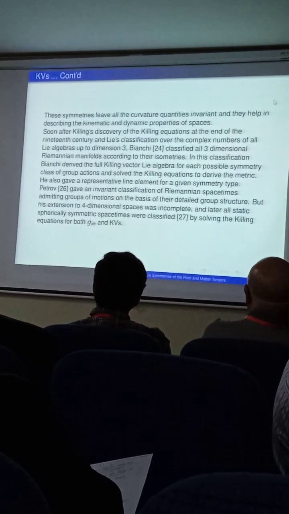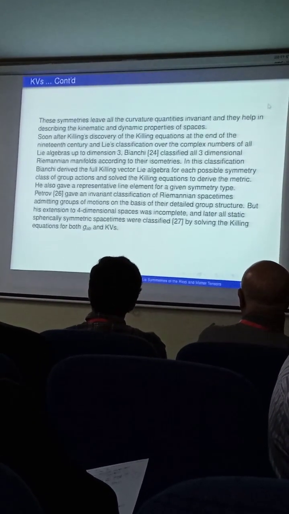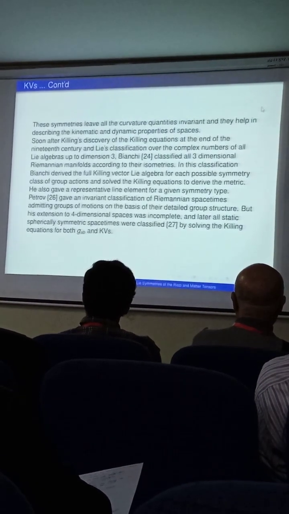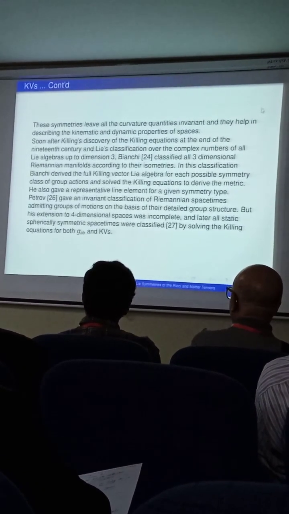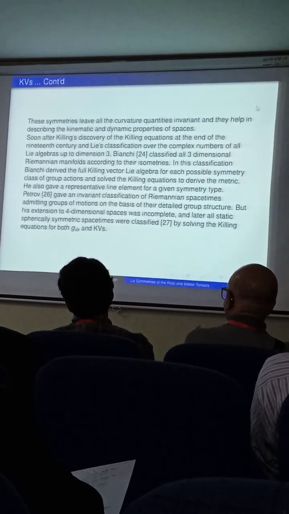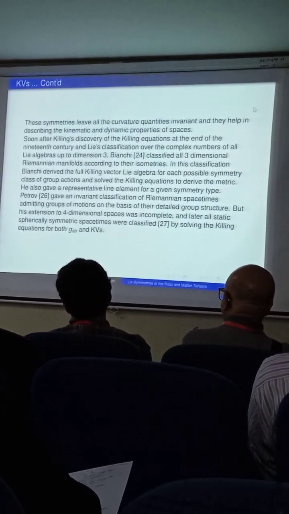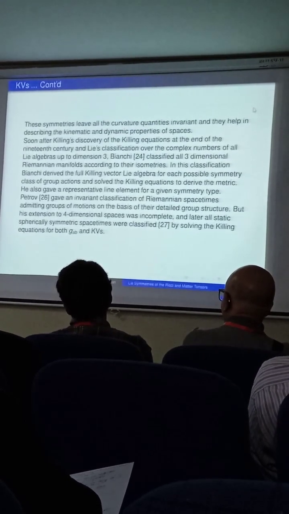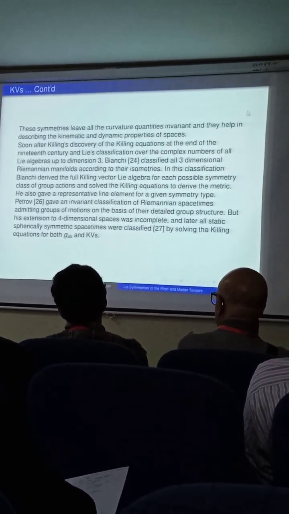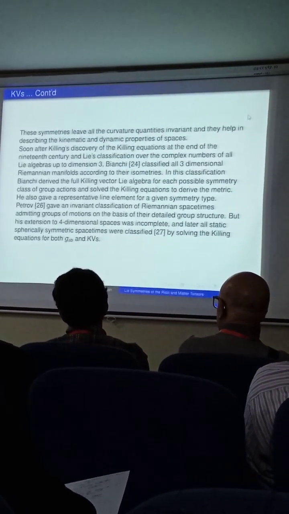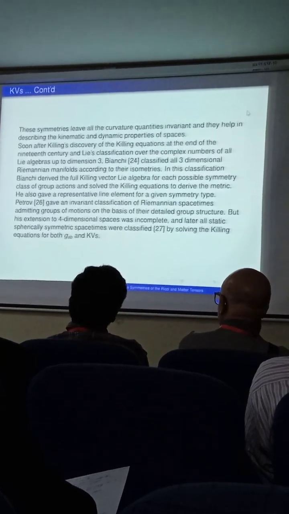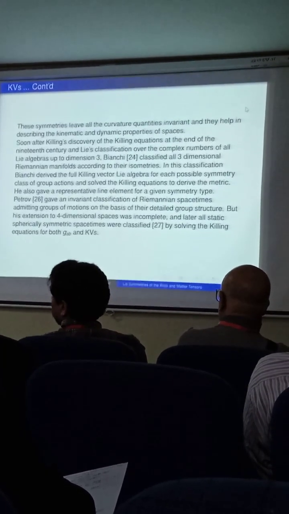So there's some background literature and three-dimensional classification. Another use of these symmetries, apart from finding new solutions, is to classify these solutions. Earlier I mentioned the book where different spacetimes are classified according to the Lie symmetries of different tensors like the metric tensor and Ricci tensor and so on. People have done these classifications of three-dimensional manifolds and four-dimensional and so on.